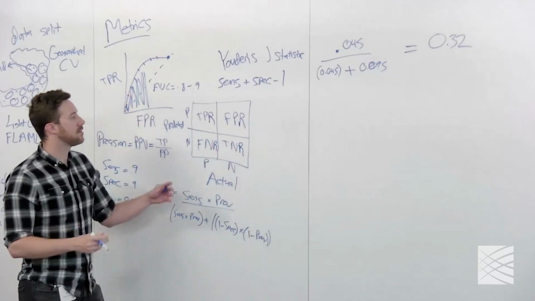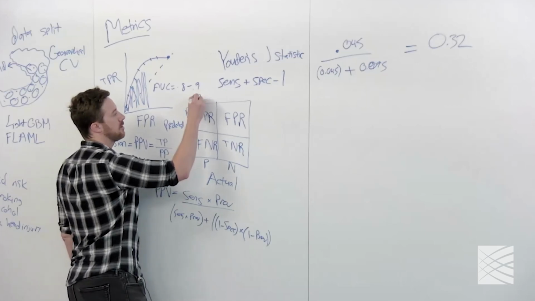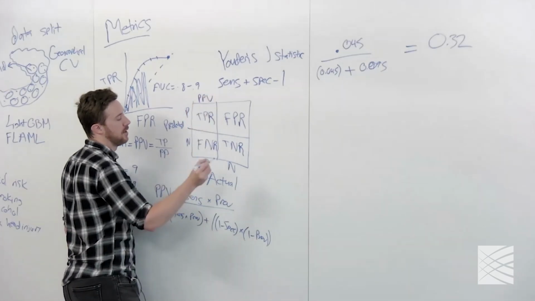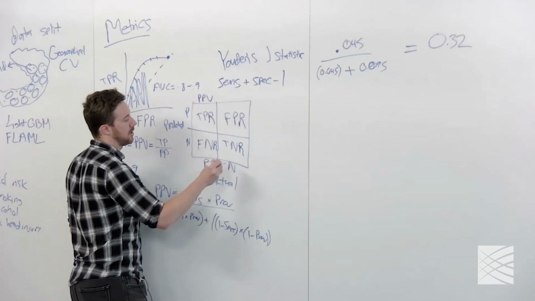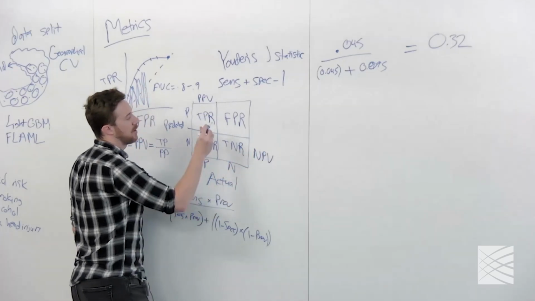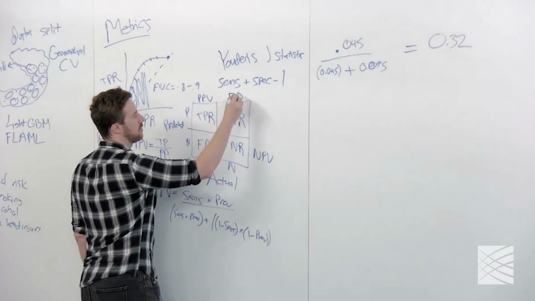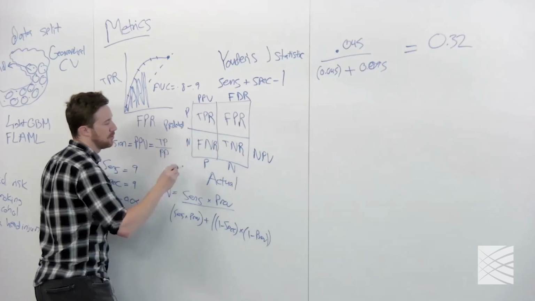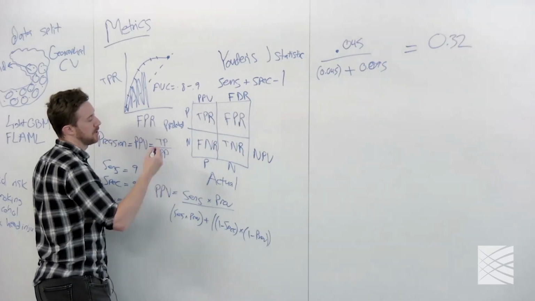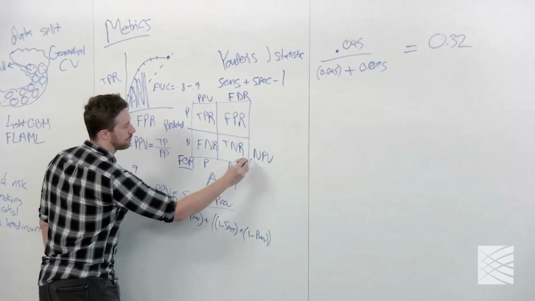Now, when you divide by the predicted number of positives and negatives, here again, you get the positive predictive value. When you divide the true negatives by the predicted negatives, you get the negative predictive value. When you divide the false positives by the predicted positives, you get the false discovery rate. And when you divide the false negatives by the predicted negatives, you get the false omission rate.